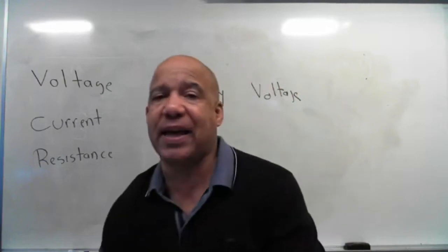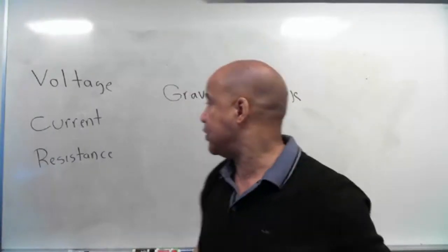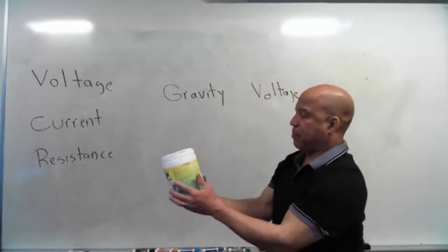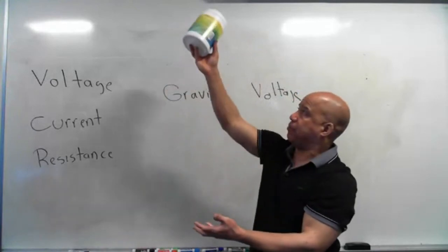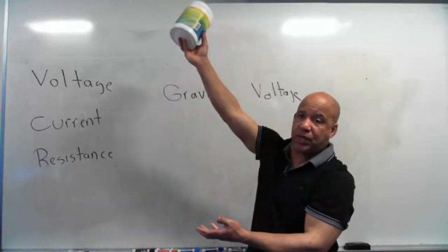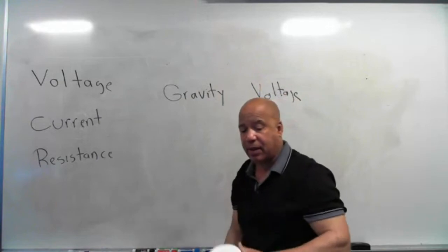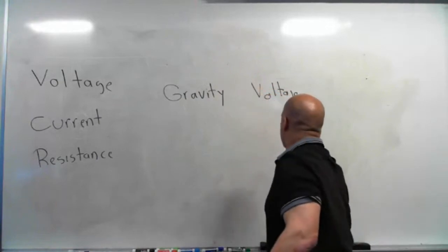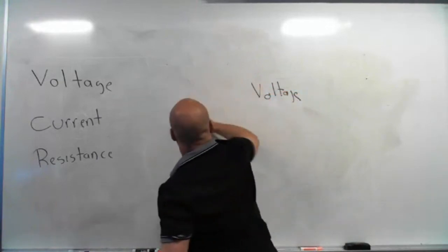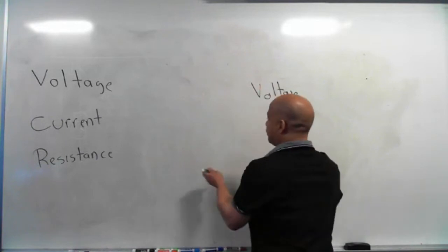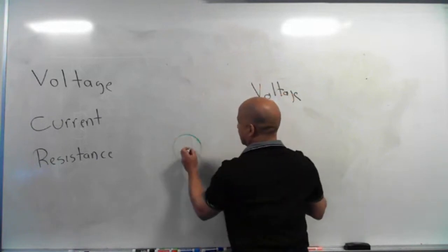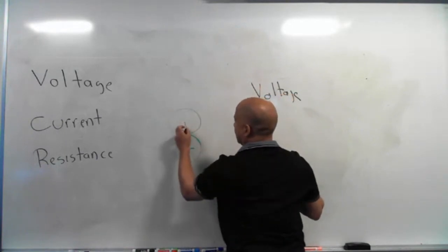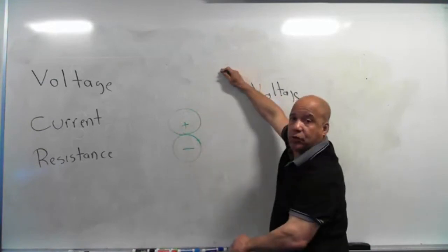Well, it turns out I can do exactly the same thing with charge. Just like I can separate the mass from my hand, and it has a gravitational potential that I can turn into work by dropping it, I can do exactly the same thing with charge. I can take two charges and I can separate those two charges.